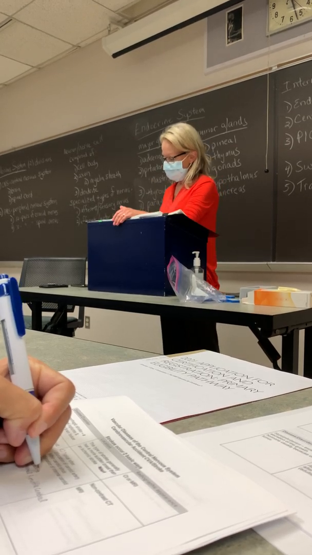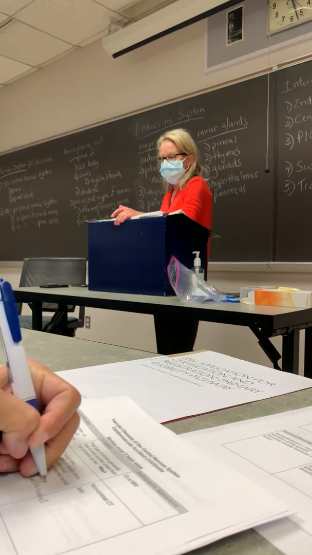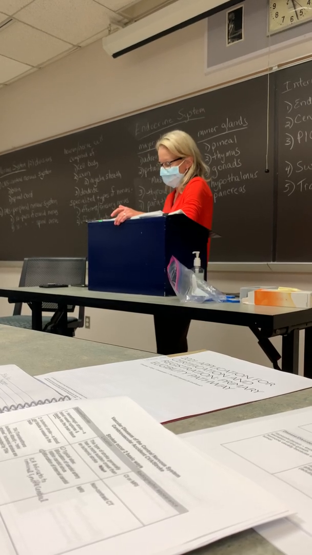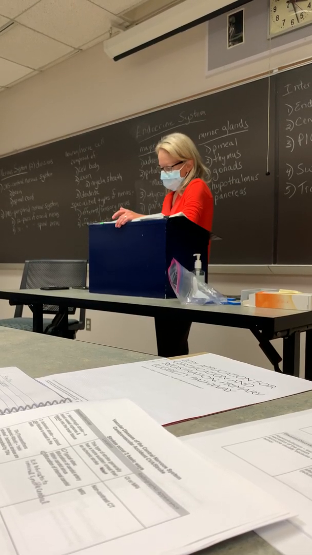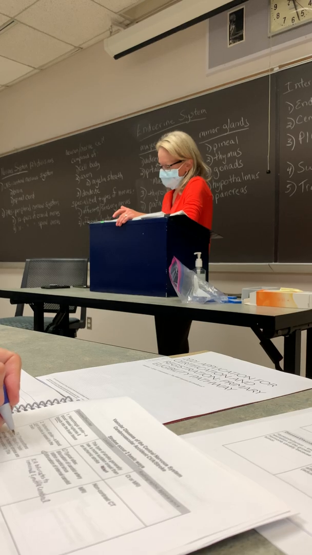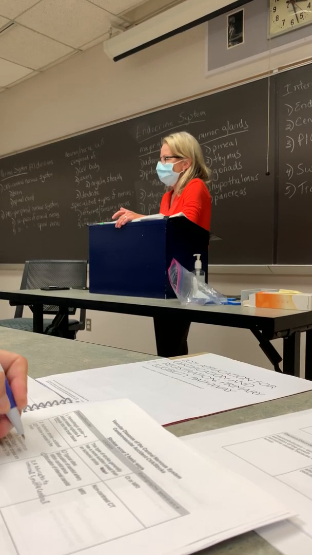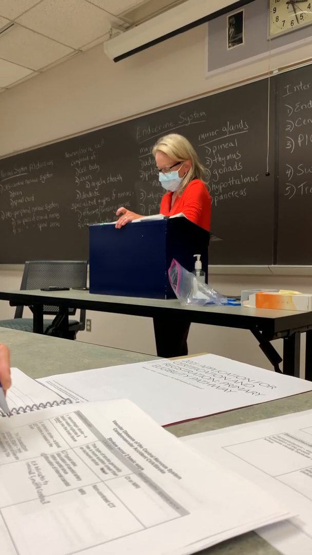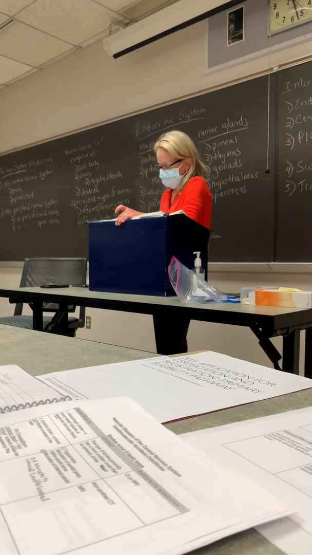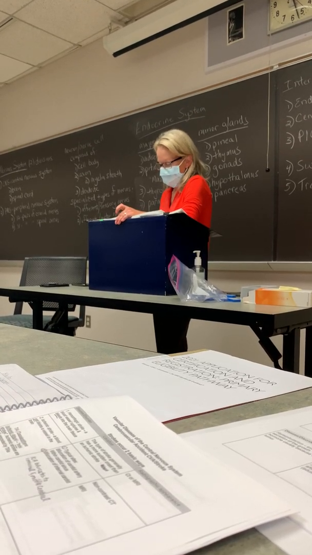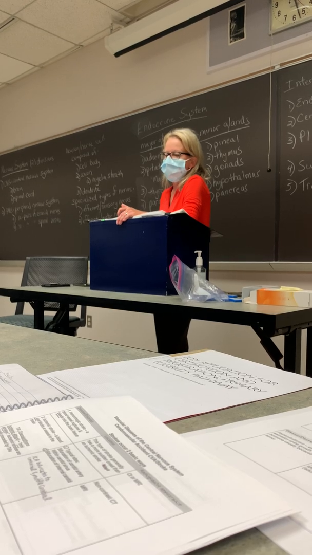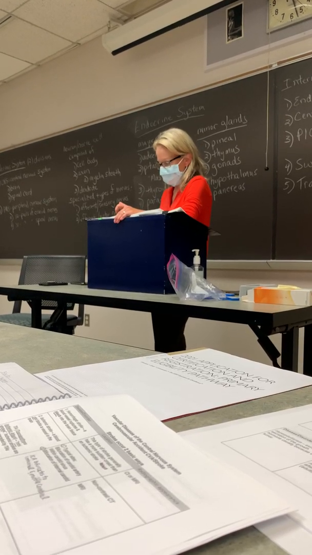The next two things you're going to have to write out on your test. TIA stands for transient ischemic attack. Those are known as mini strokes. They're usually minor and nothing usually happens.